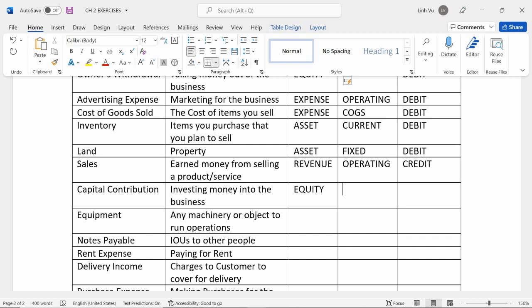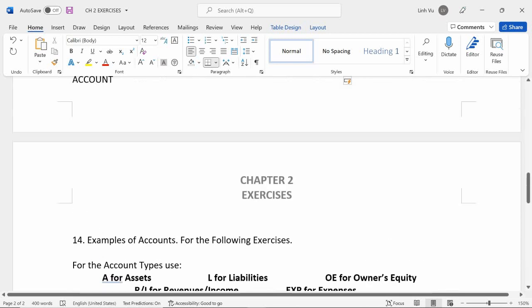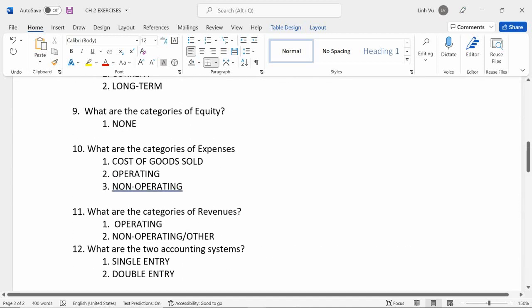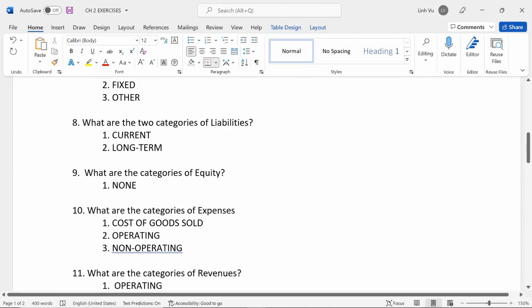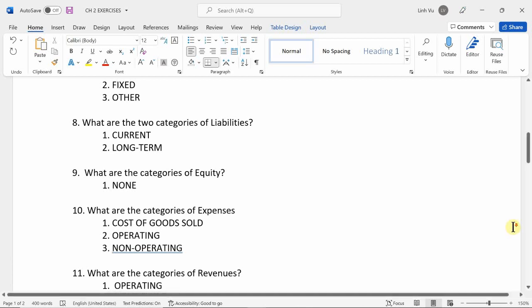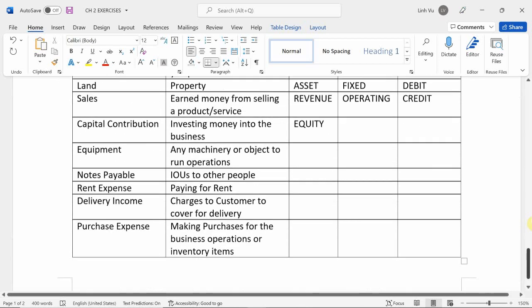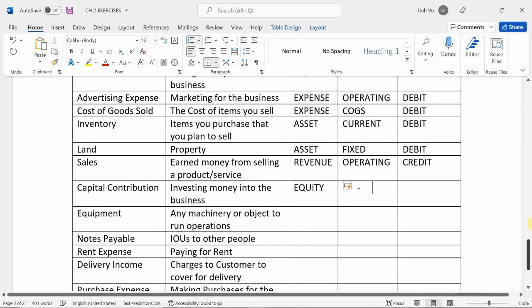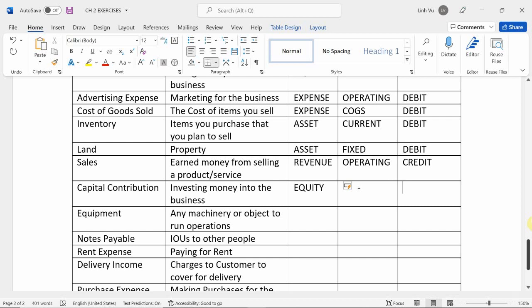Other. No, there's no other equity. Okay, let's take a visit back up here again. What are the categories of equity? Fixed. Not fixed. There isn't anything. There's no categories under equity. So in this case, none. Okay, so then how do you increase equity? Credit. Yes.